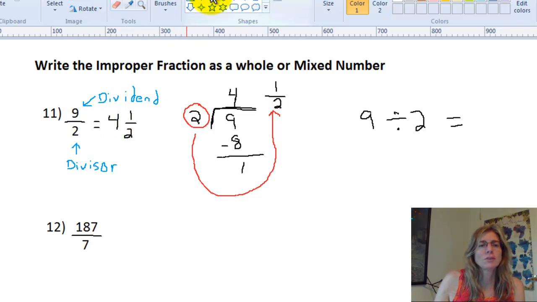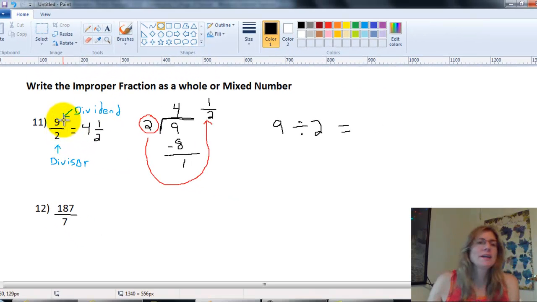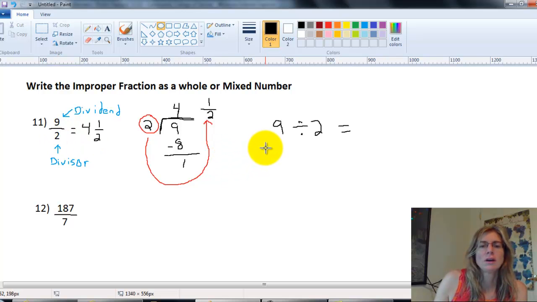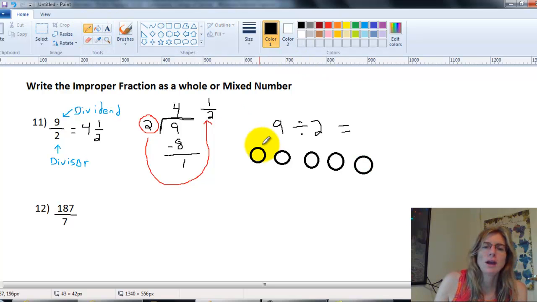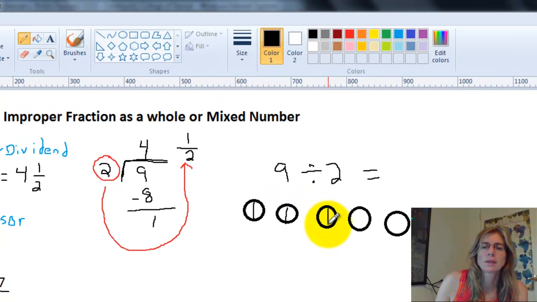In this case, drawing the picture is really not too bad. You're drawing 9 halves, essentially, which, if you think of circles, if you cut each of these circles in half, so 1, 2, 3, 4, 5, 6, 7, 8, and let's make one more. So we're cutting them all in half. All that means is you're literally putting a line down the middle of them, cutting each of those wholes into halves.